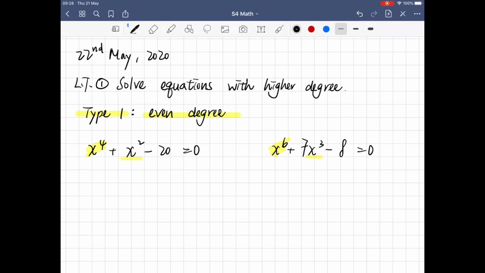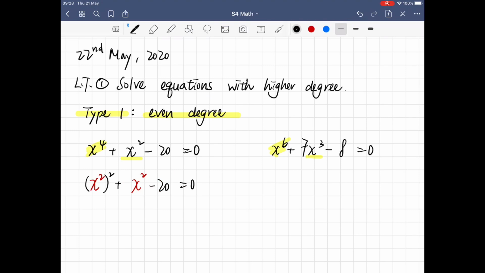For the first question, we can simplify x to the power 4 into (x squared) to the power 2, plus x squared minus 20 equal to 0.